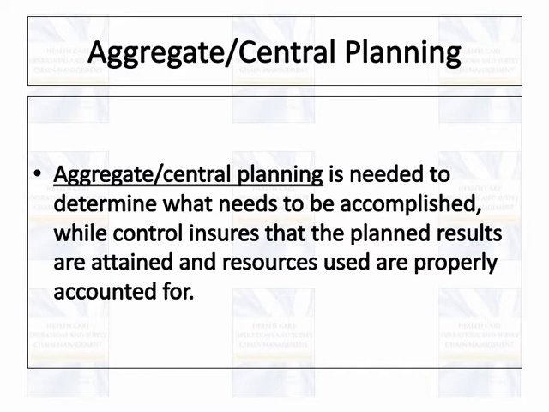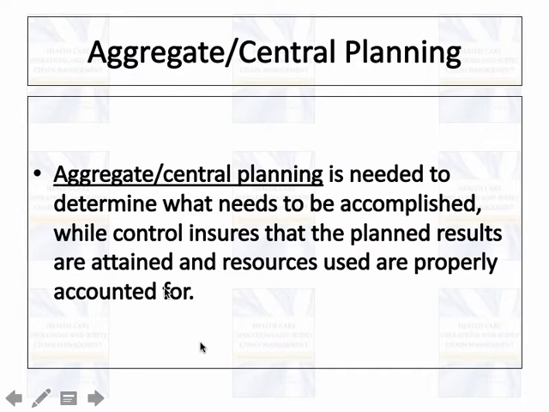Aggregate planning means that once you are here and thinking about this class, it's not the only thing on your plate. You have to think in an aggregate way, consider the other duties you have, and then make plans accordingly. The same thing applies to an organization: planning is needed to determine what needs to be accomplished, while control ensures that the planned results are attained and resources used are properly accounted for.